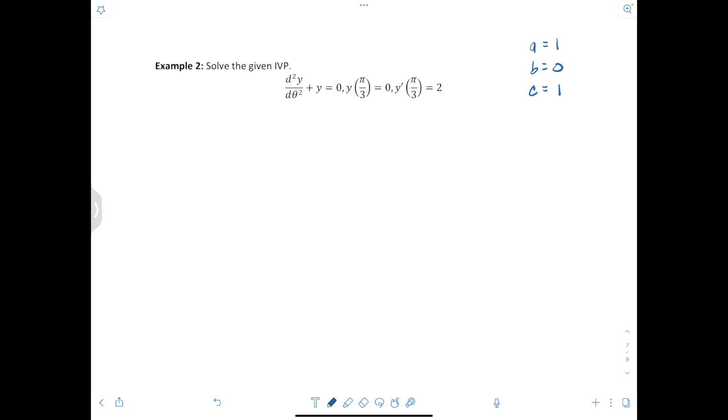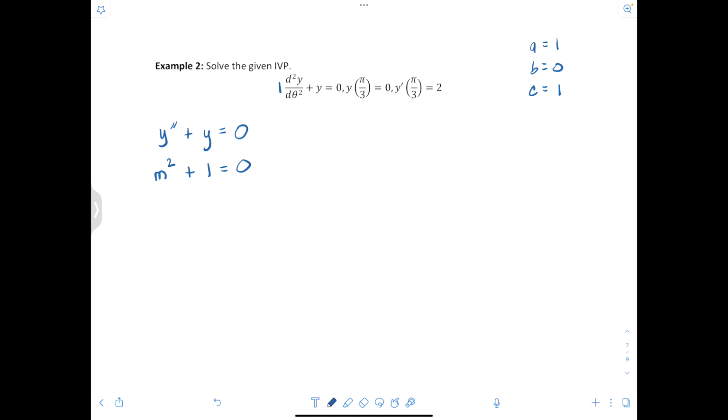That's the coefficient to the y. So you have a 1 in front of the double prime, a 0 in front of the prime, and a 1 in front of the y. And we'll ignore that initial value stuff until later. So I'll just rewrite it as y double prime plus y equals 0. And our auxiliary equation is m squared plus 1 is 0.